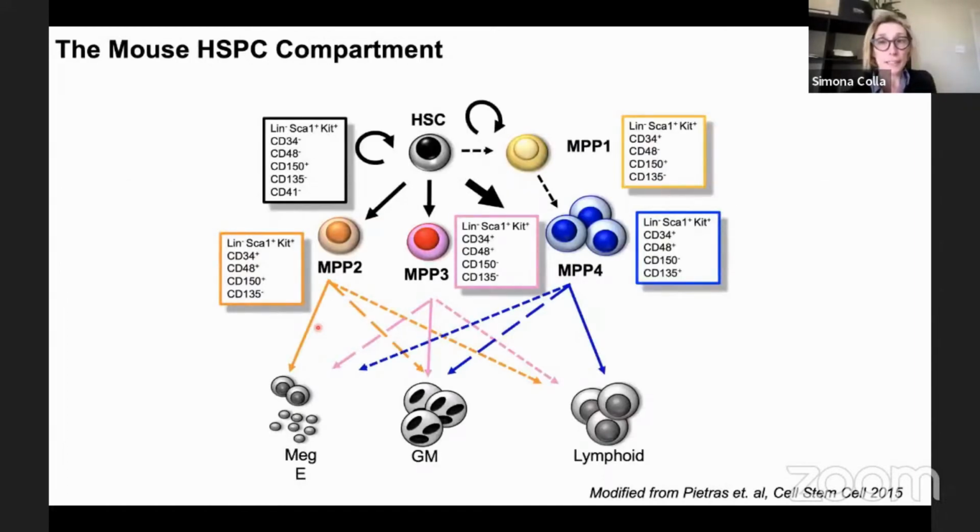I think you saw this slide from Nat in my lab today when she talked about telomeres. The mouse hematopoietic stem cell compartment is defined, of course, by antigens. The stem cell is isolated based on a mix of antigens, usually conserved across labs, so they are very well defined. And then you have all the other progenitor populations.